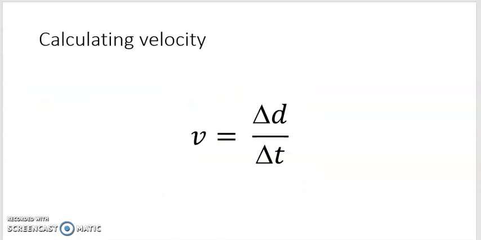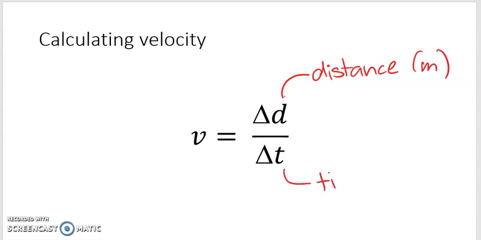This formula shows us that relationship, that velocity is equal to distance per time, or distance divided by time. To calculate velocity, you need to know the distance travelled in metres and the time taken in seconds.